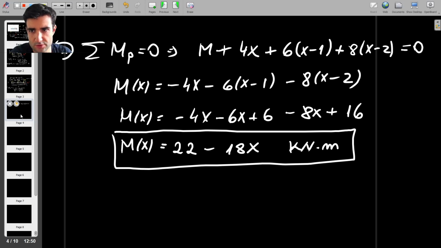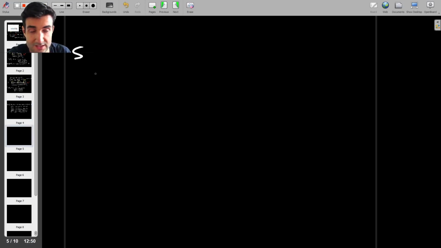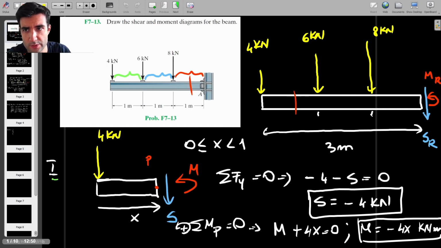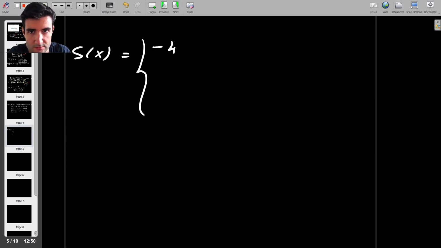So let's first start with the shear force. Let's write it mathematically as a piecewise function, because both shear force and bending moment are piecewise functions. So for the shear force, here's what we have. The shear force is equal to minus 4 kilonewtons if x is between 0 and 1.